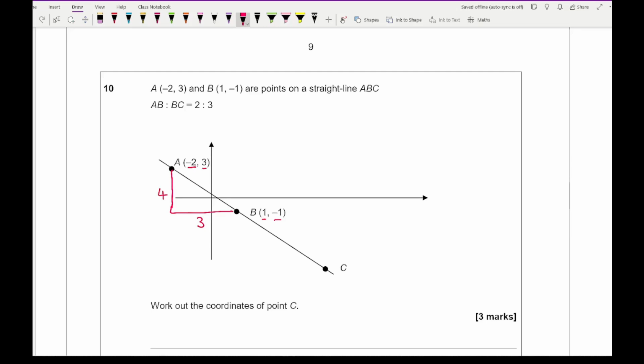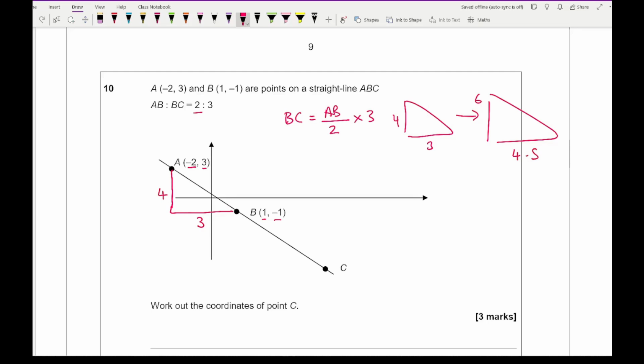Now this triangle, if I divide by 2, so to work out BC, it's going to be AB divided by 2 times 3. So if I've got 4, 3, then I'm dividing by 2 and multiplying by 3. 4 divided by 2 is 2, times 3 is 6, and 3 divided by 2 is 1.5, and 1.5 times 3 is 4.5.